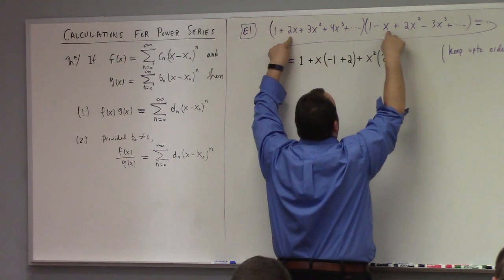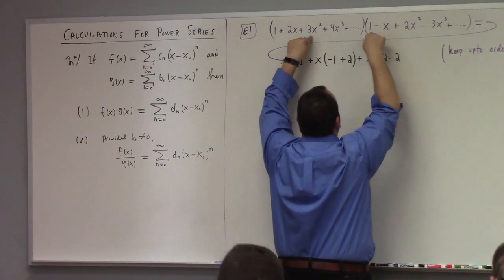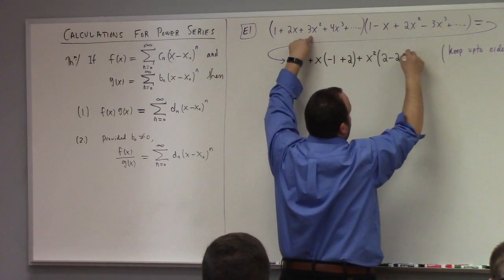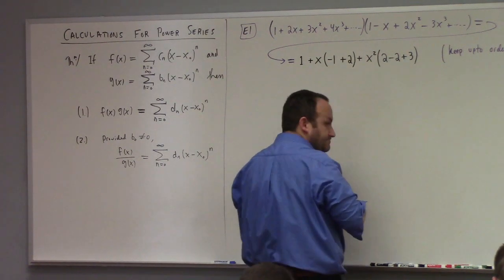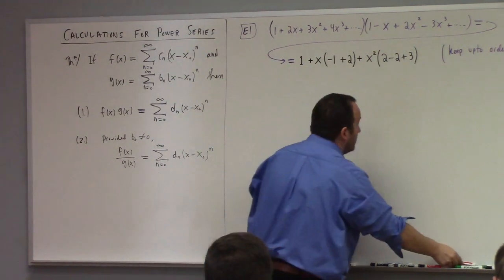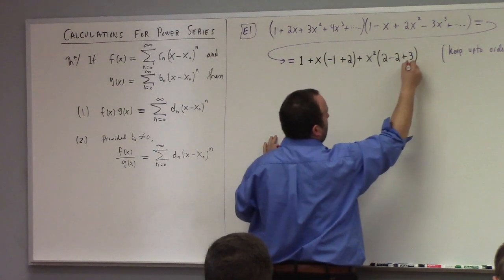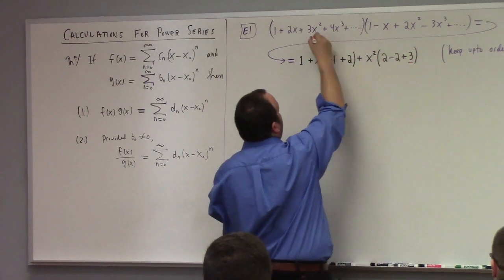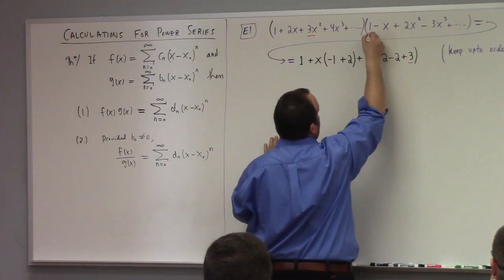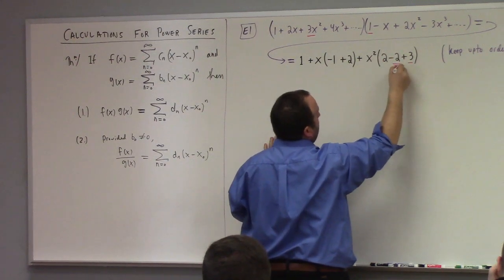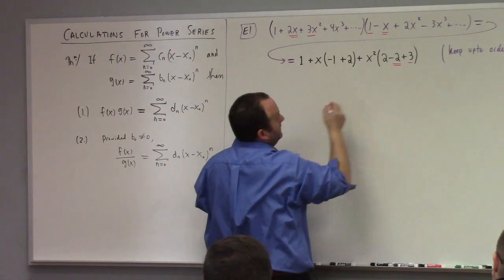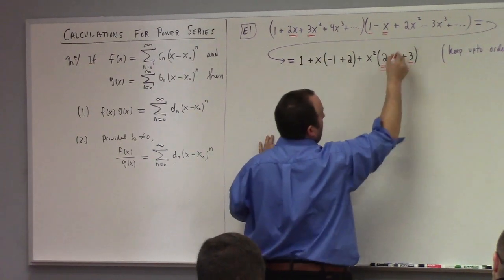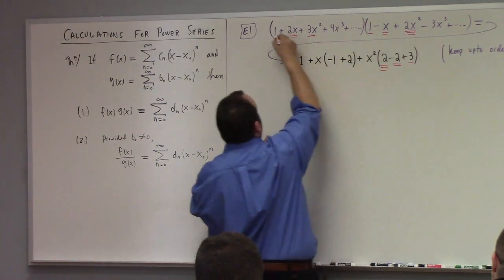And then finally, 3x squared times 1, so I get a plus 3. This 3 is coming from this times that. This 2 is coming from this guy times this guy. And this 2 is coming from this times that.